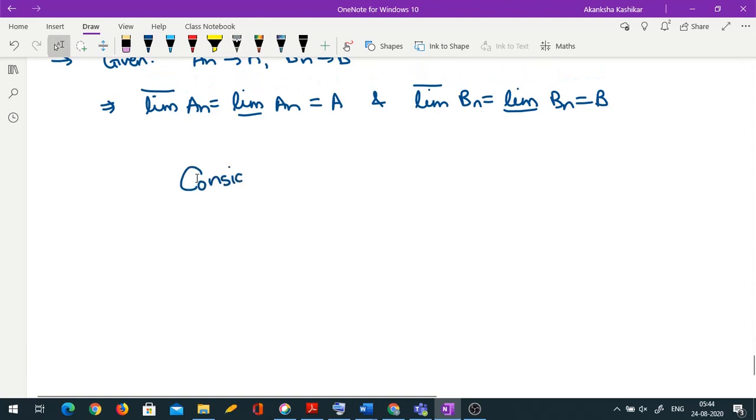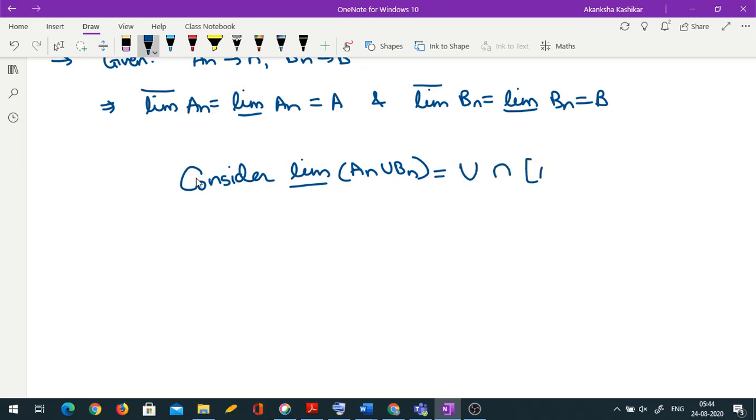Okay, consider lim inf of an union bn. So by definition this will be union over n greater than or equal to 1 of intersection over k greater than or equal to n of ak union bk.